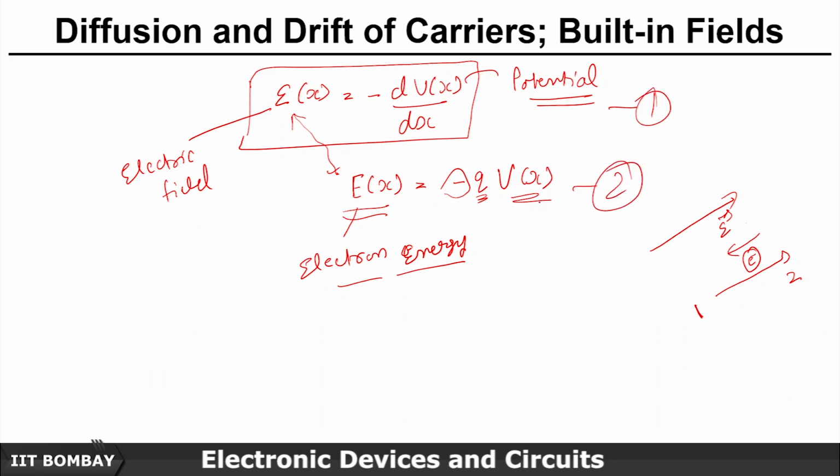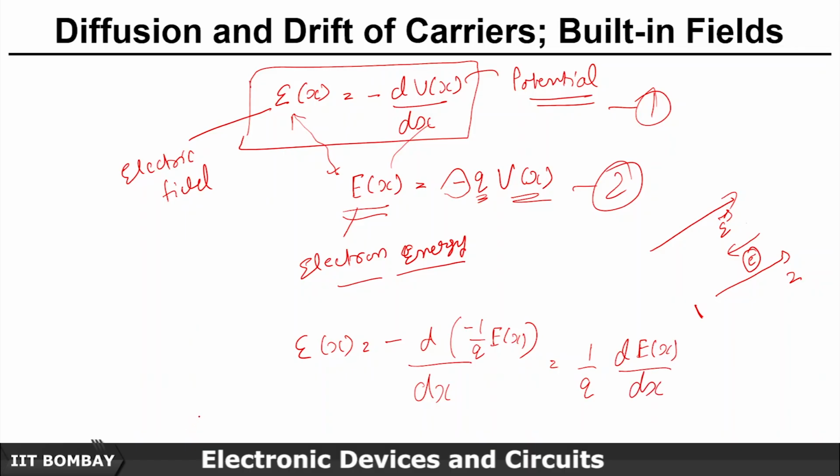So I replace Vx here by Ex in this expression, and what I get is the electric field Ex is equal to minus d by dx of minus 1 by q times the electron energy. So this minus will settle down and 1 by q can come out, and it becomes 1 by q times the derivative of the electron energy.